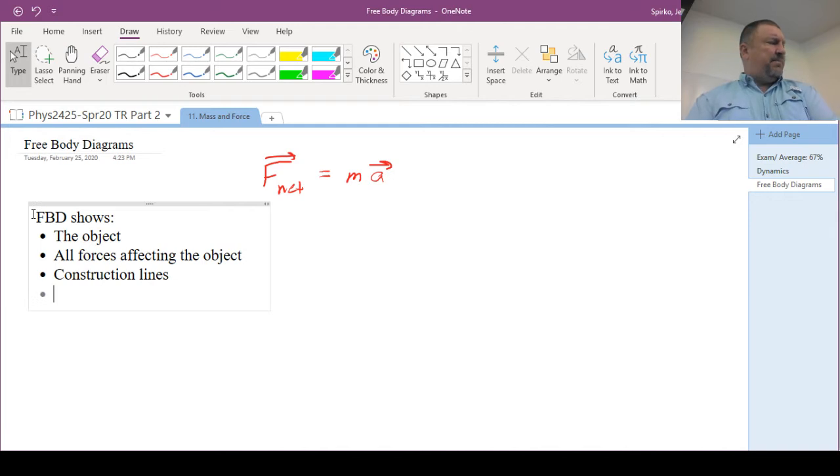And then we have to have a well-defined coordinate system. Sometimes after we draw a few free body diagrams, if we're just using the regular XY coordinate system, we won't draw it because it takes up space and effort. But if you're using a different coordinate system, you definitely have to draw the coordinate system.